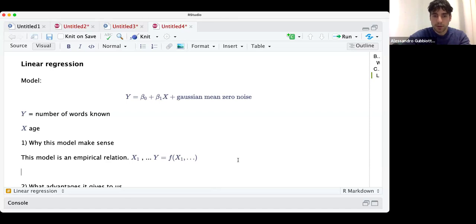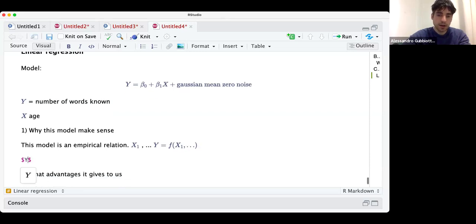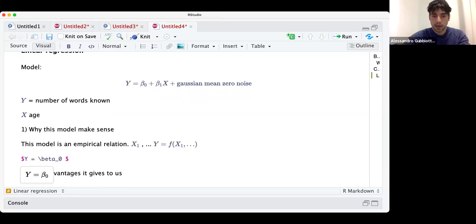Of course, this is impossible, and since we cannot know every possible variable, we take only, in this case, one of them. So we take y and x. Y is the number of words and x is the age. And for all the other variables, the price to pay for this lack of knowledge is to put in a noise, some stochasticity.